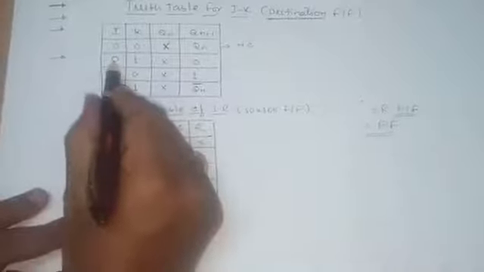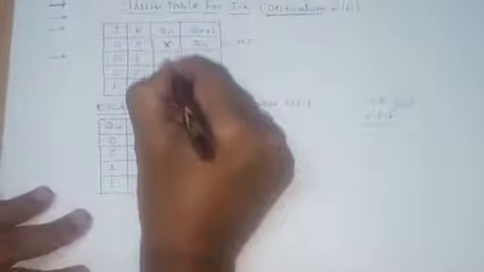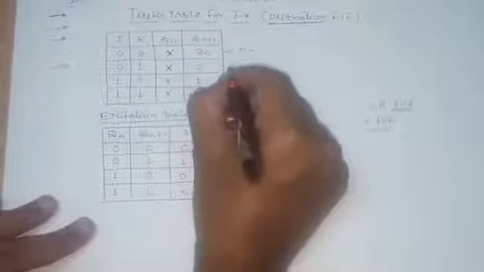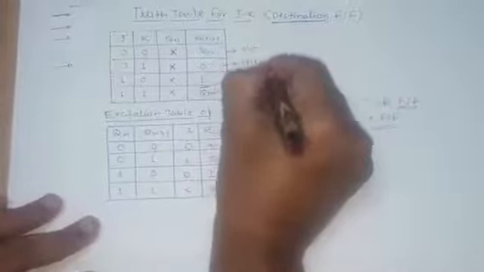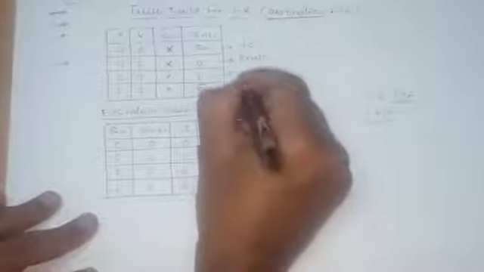Similarly, when I consider 0 1 as the input to the JK flip-flop, whatever the present state, we will always get 0 at the output. Here we consider the flip-flop to be in the reset state. Similarly, when I consider 1 0, the flip-flop goes into the set state.